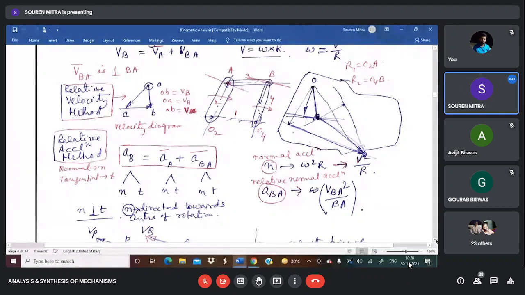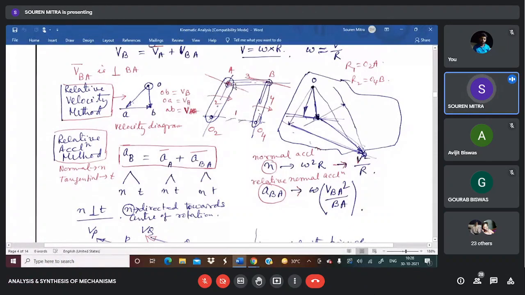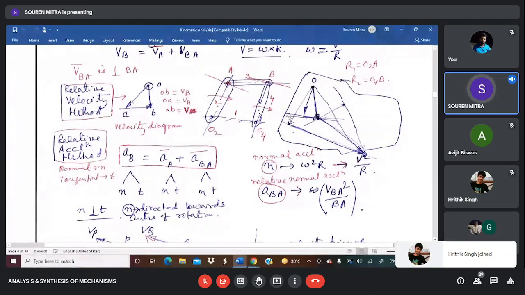Direction wise, I can show you that if it is, say, a linkage, and this member is rotating in this direction, its normal acceleration will be directed towards this center, and so on. So far as instantaneous center of rotation is concerned, this is a 4-bar linkage.